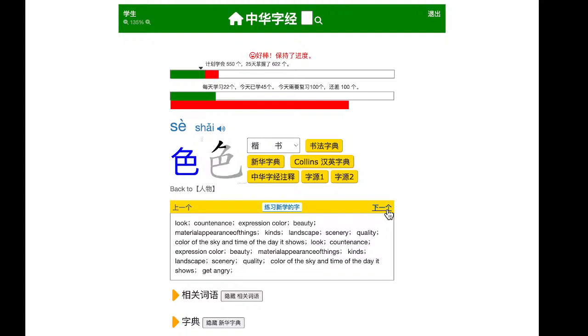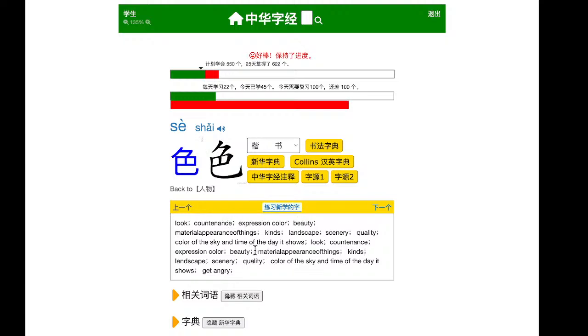色 is a color or an expression, a look on the face, the material appearance of things. Could be like the landscape, the scenery, that would be called 景色, or the quality of something.